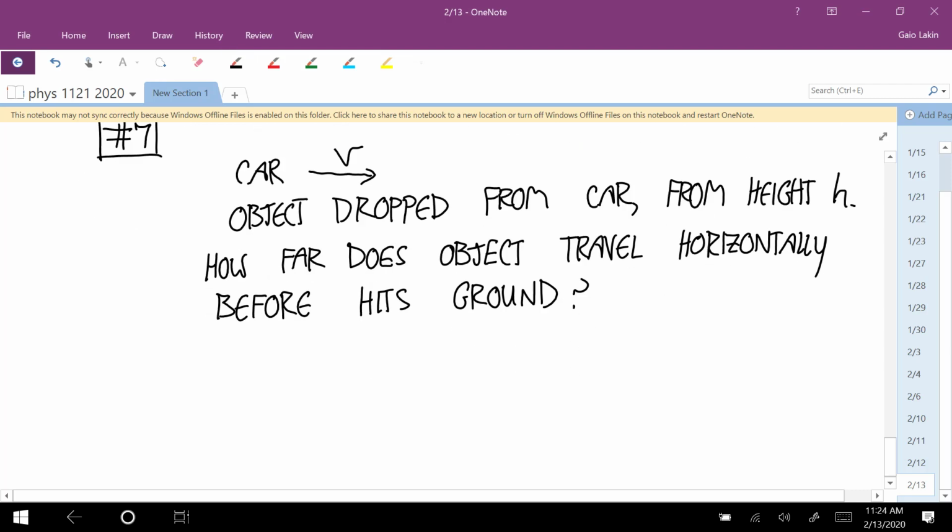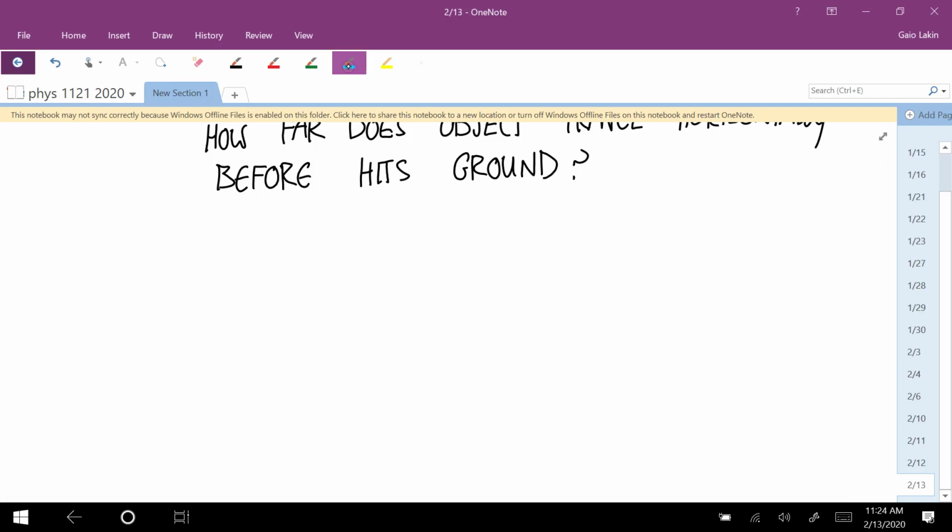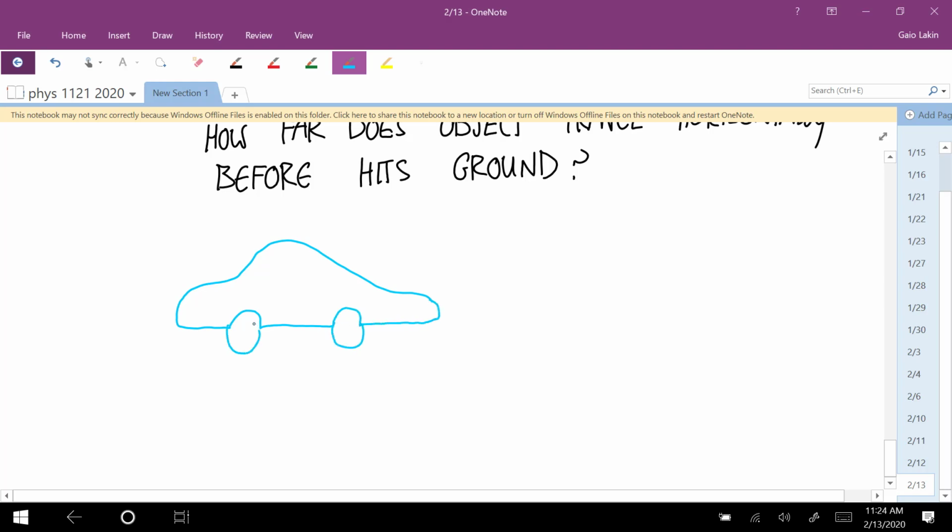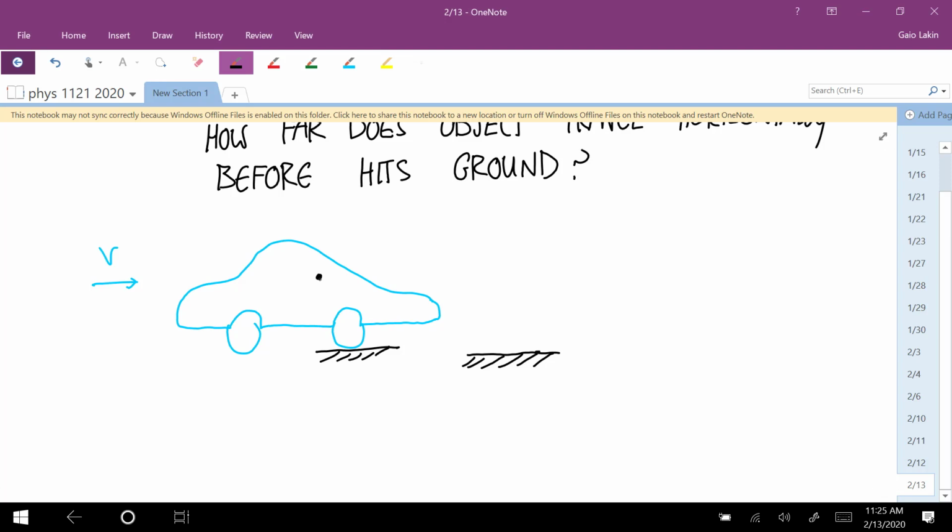Okay, so here's the car. And it's going this way with the speed v. And an object is dropped from here. And when the object is released, it's going to have the velocity of the thing that it's dropped from.